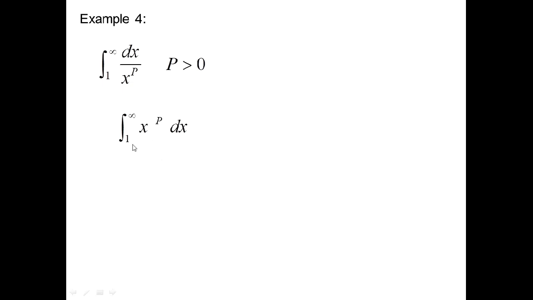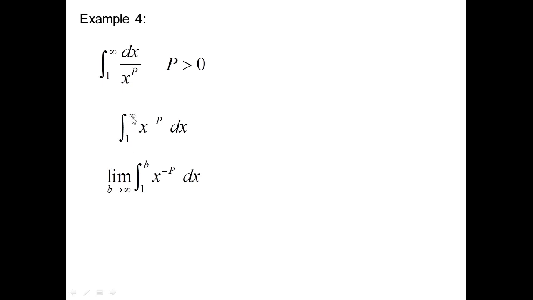Now we can rewrite this as the integral from 1 to infinity of x to the negative p dx. And then, since we're going to infinity with our bounds, we have to do the limit because it's an improper integral.